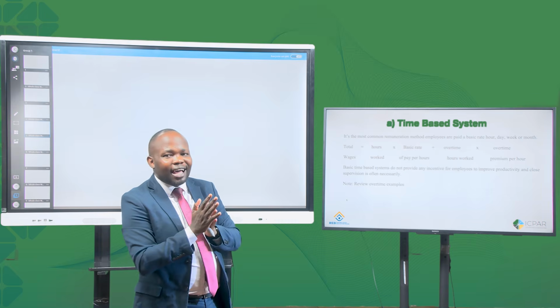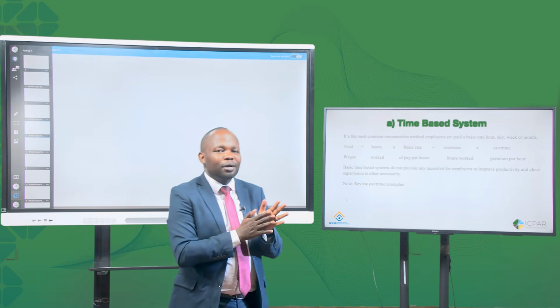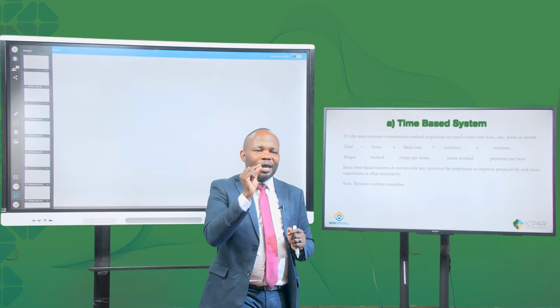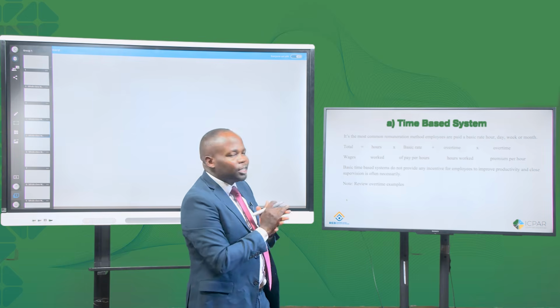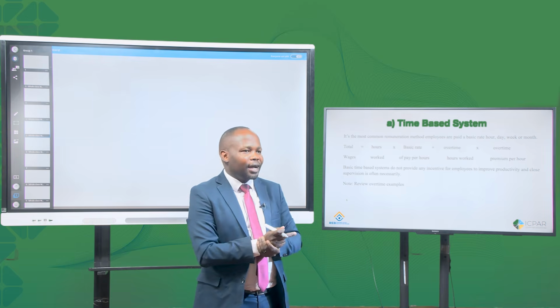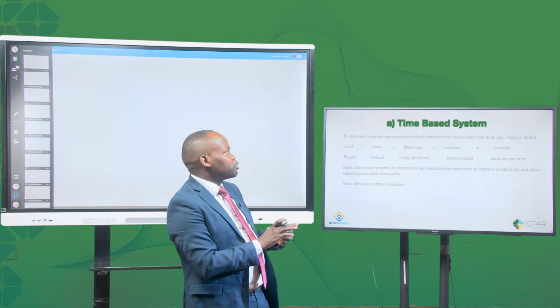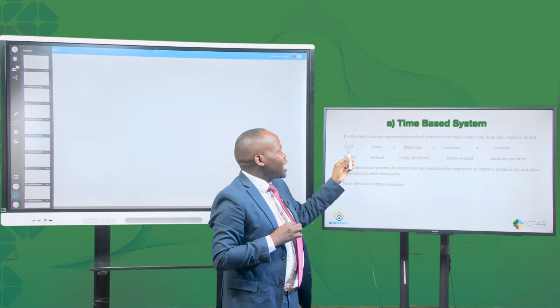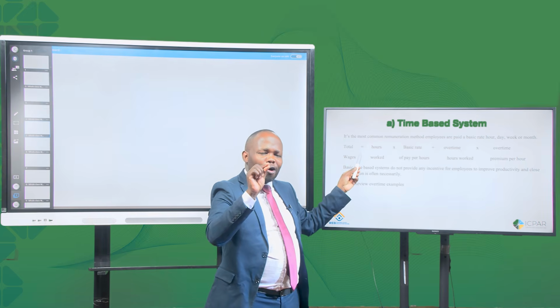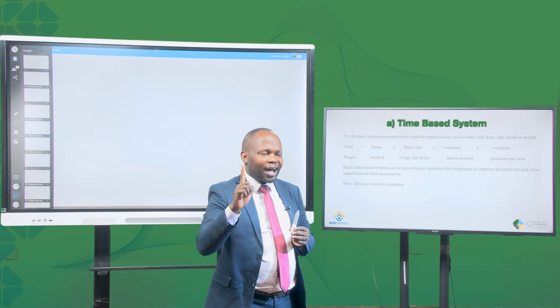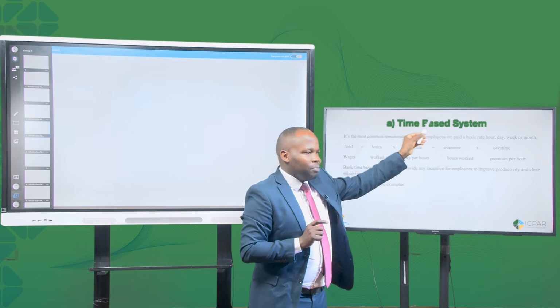So, let's have a look at time-based. Time-based remuneration is where you pay somebody according to the time they have worked. So in time-based, all the overtime examples we have covered are time-based.